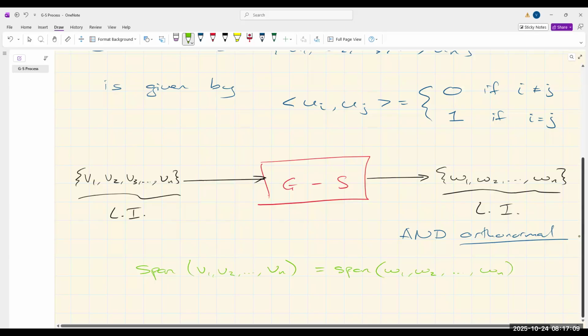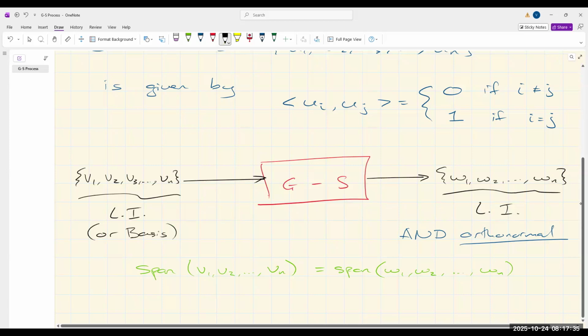And what that means, if, for example, you think of it as now you're putting in a basis, so a linearly independent set or a basis, then the output will be a basis for the same vector space or the same subspace. In other words, you don't get a basis for something completely different.